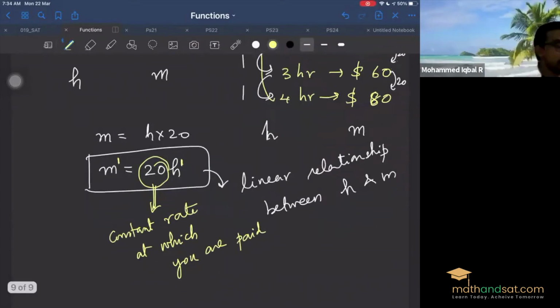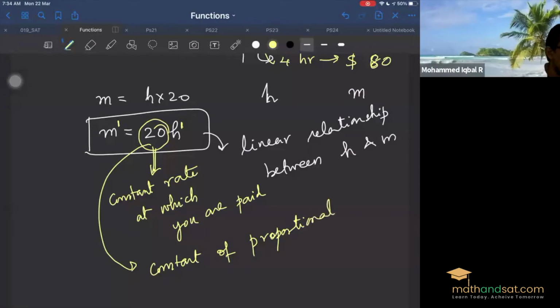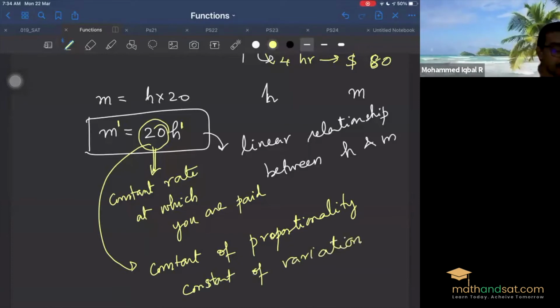And this is what we call the constant of proportionality, or sometimes you must have learned it as constant of variation. There's a direct relationship between the number of hours you will work and how much money you will earn, right? Is that clear?